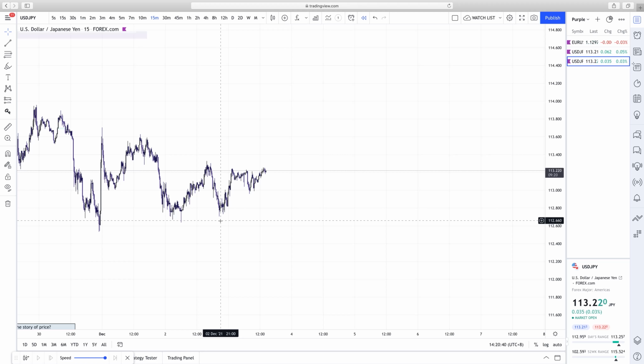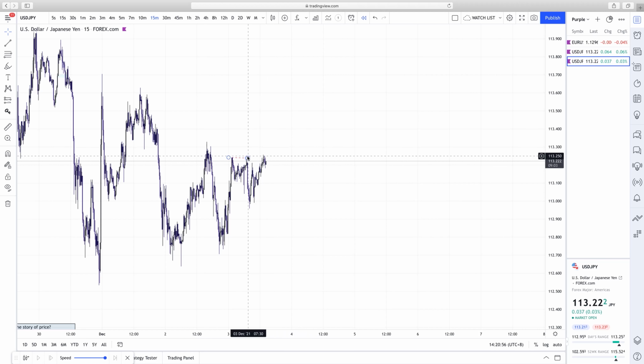Then there's cause and effect. Cause and effect is just liquidity. For example, these double tops right here are cause for price to go higher, which is why it sweeps above. That's cause and effect.